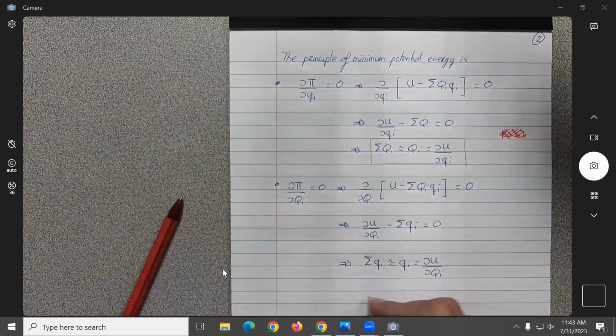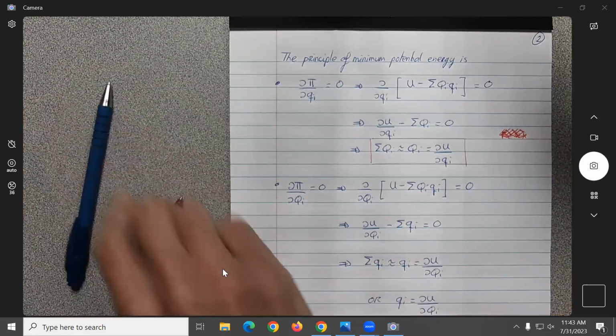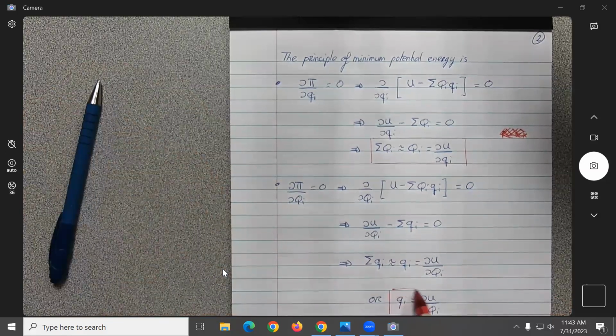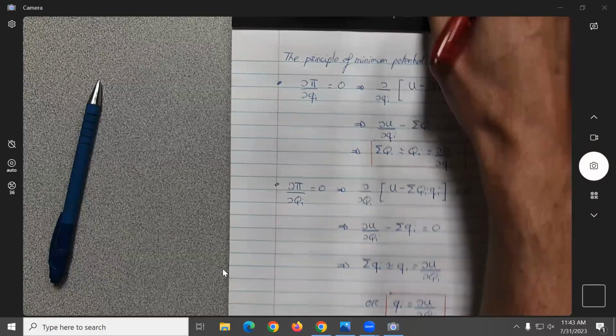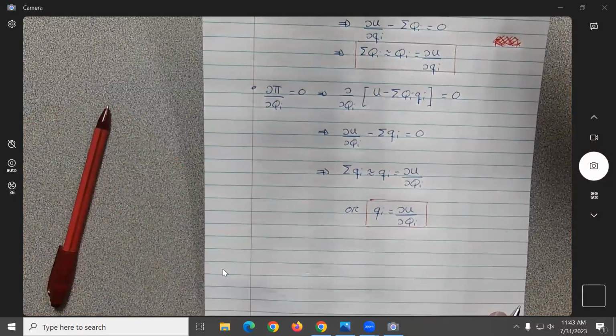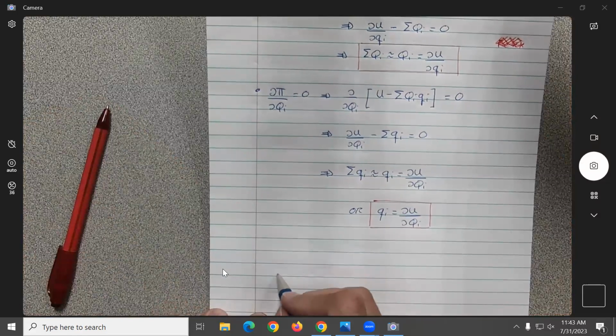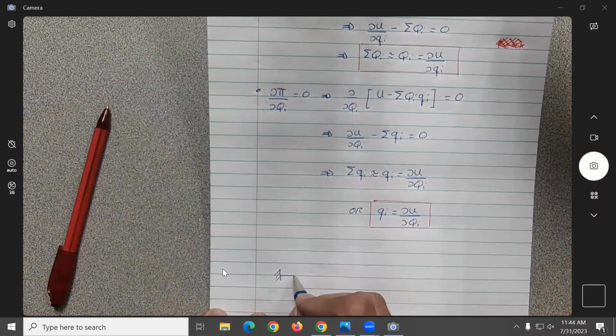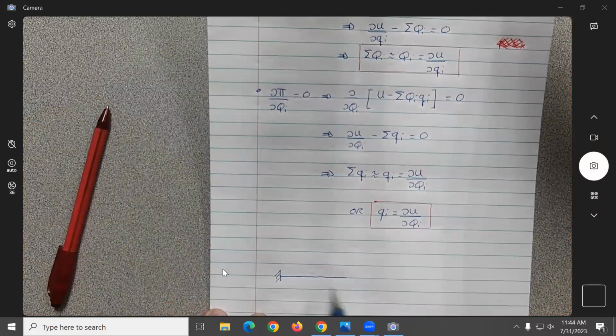Okay, so this is an important one, so I'm going to rewrite it. So here's something very important, okay? All right, so let's say we have a wing.